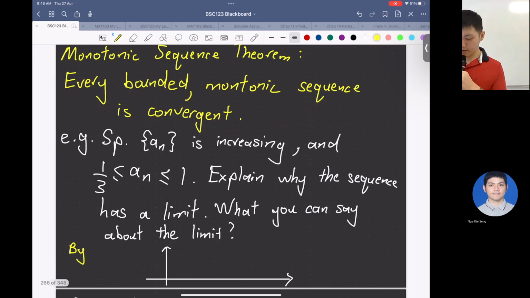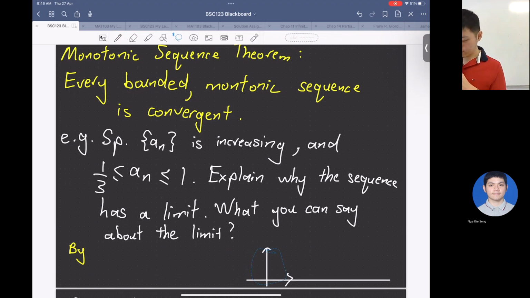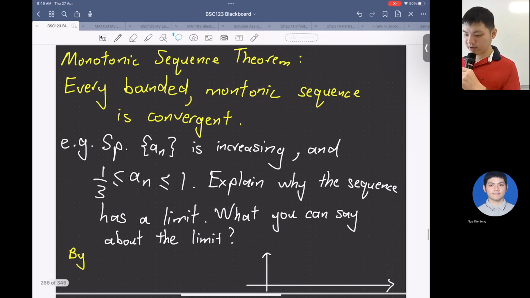So what can you say about the limit? If all your terms are between 1/3 and 1, can you say something about the limit?